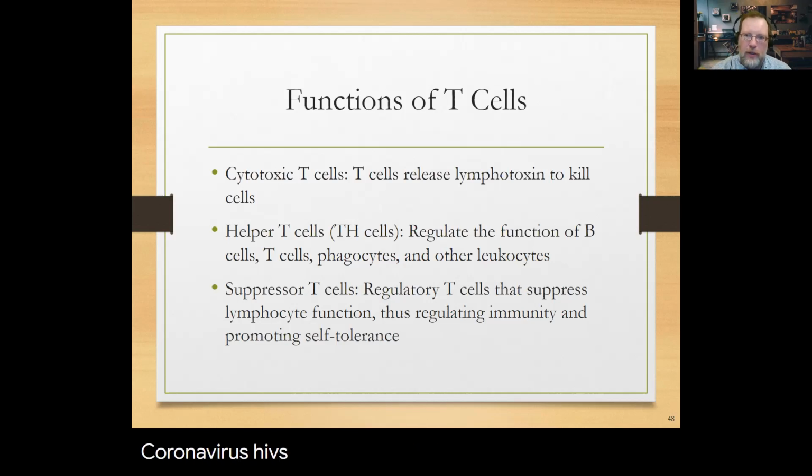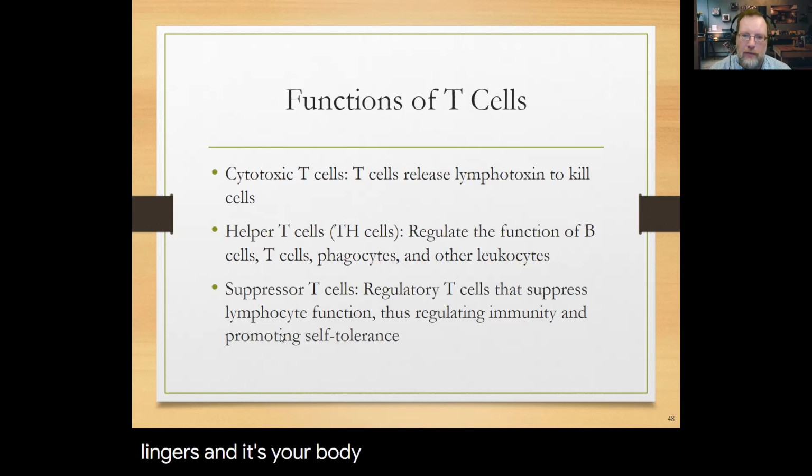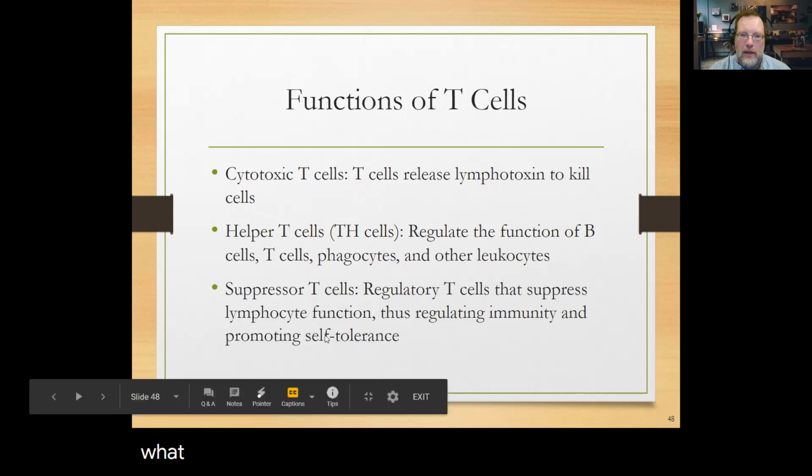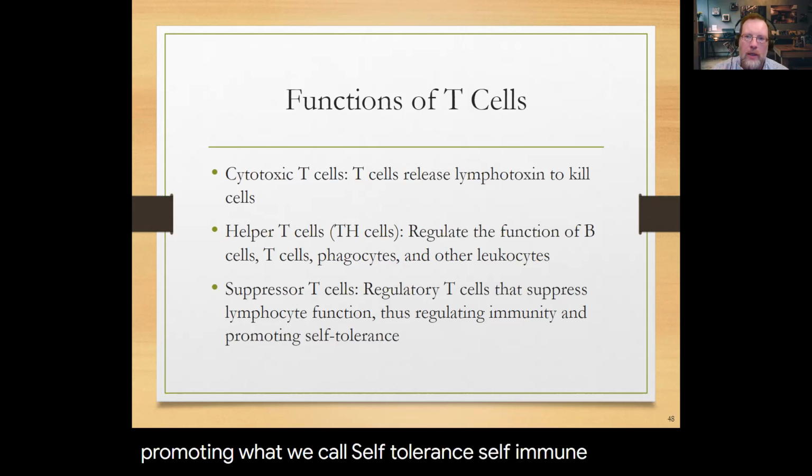HIV is another one that just kind of lingers, and your body cells can never really tolerate what's going on. So suppressor T cells help with promoting what we call self-tolerance, immune balance and regulation.